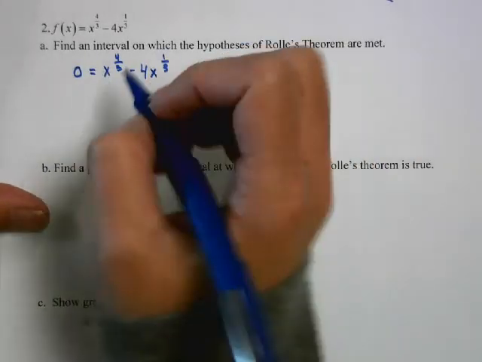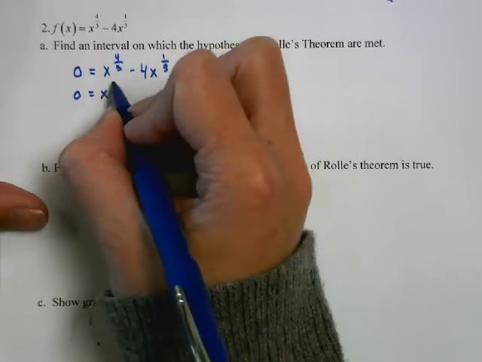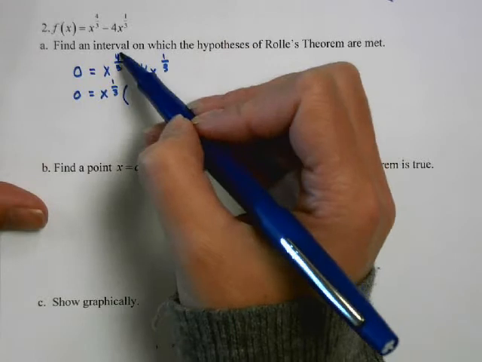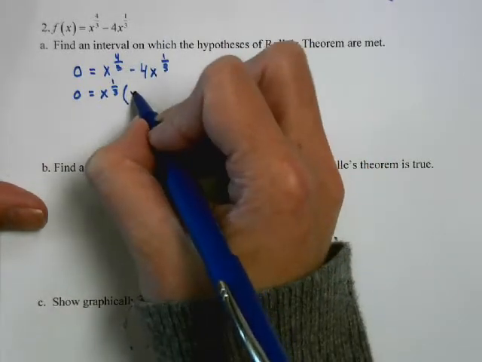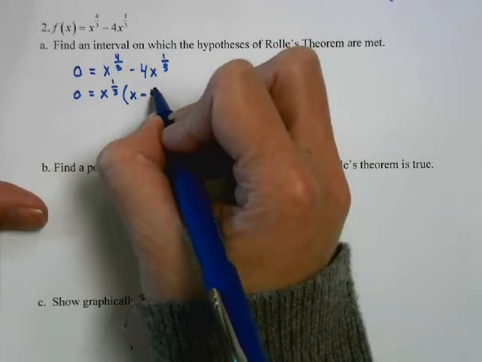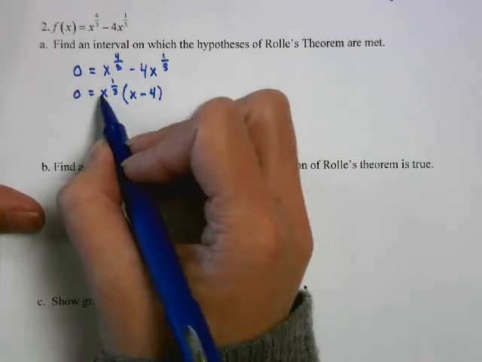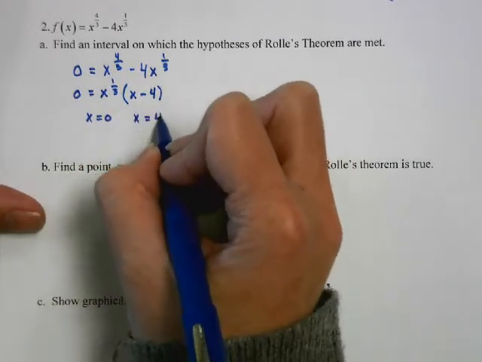Okay, so I'm going to factor out the smallest common factor, which is going to be x to the 1/3. If I subtract 1/3 from 4/3, that's 3/3, so that's just x over here minus 4. Okay, so this function is going to be 0 when x is 0 and when x is 4.